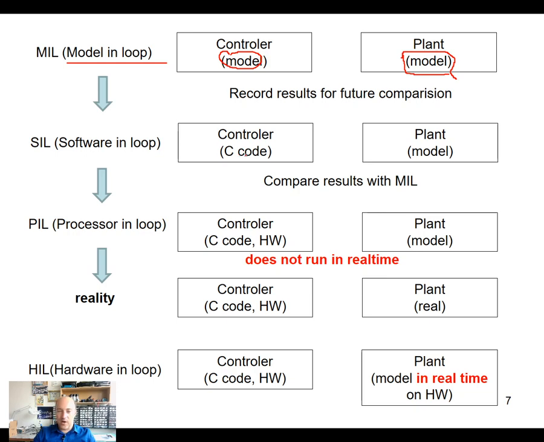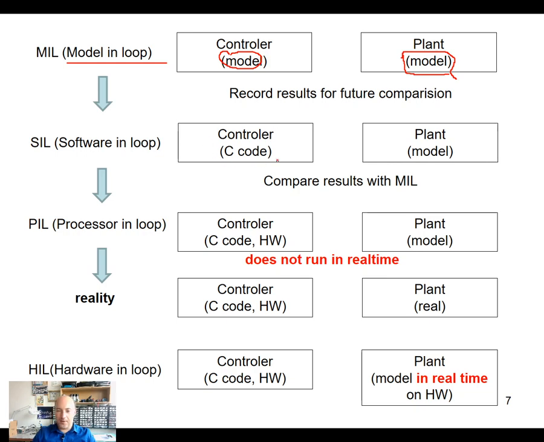We will also have some delay in the calculation, because the model does not run in real time, so we don't really care how long the calculation takes. But if you run it in C code, then this already needs some timing.